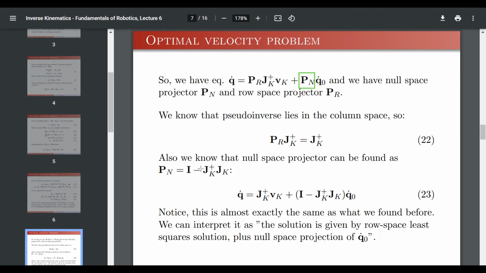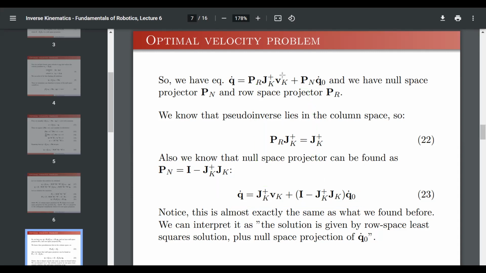We remember how null space projectors work. How do we get this formula? Well, you can just memorize that J pseudo inverse J is a row space projector, and I minus the row space projector gives us the null space projector. So this is the formula that we get. We replaced this guy with 0 and this guy with this guy.